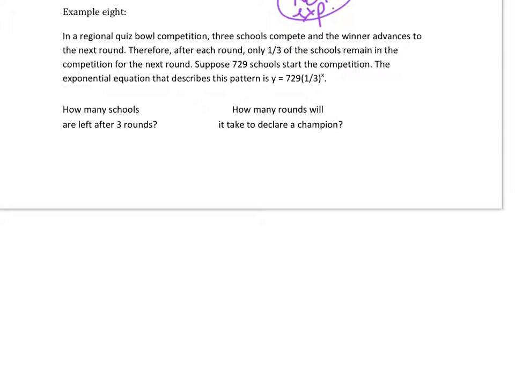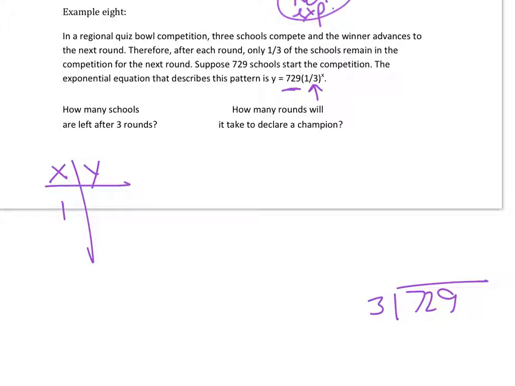So you have your starting point, which is your 729, the amount that it reduces each round, and you're raising to the value of x because it's exponential. So you can do this two different ways. You can make a t-chart, and you can say, after 1 round, I need to divide 729 by 3, because 1/3 to the first power is 1/3.